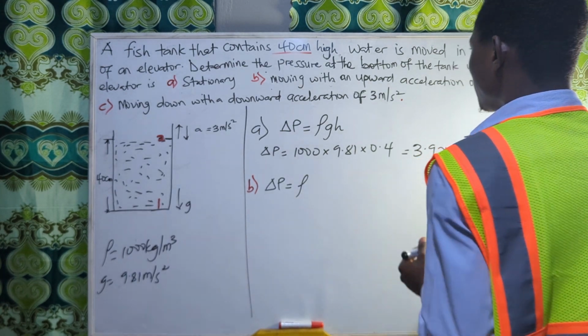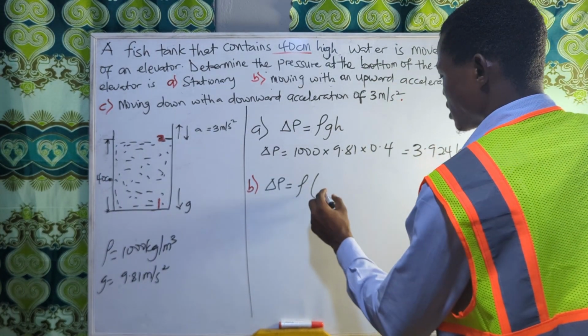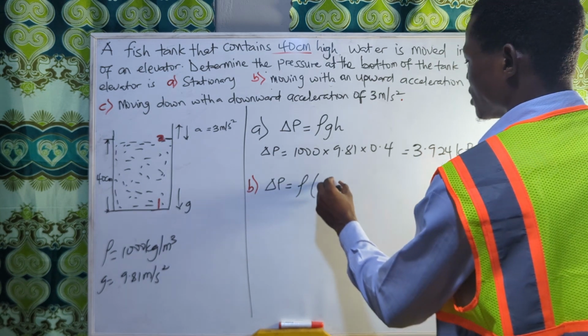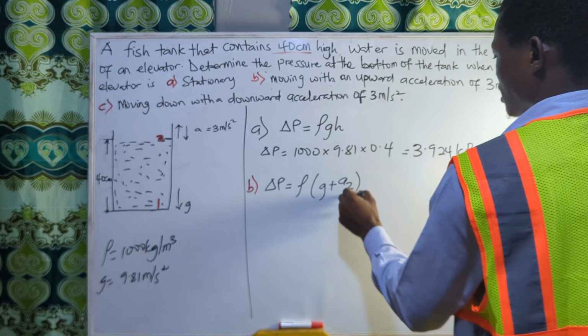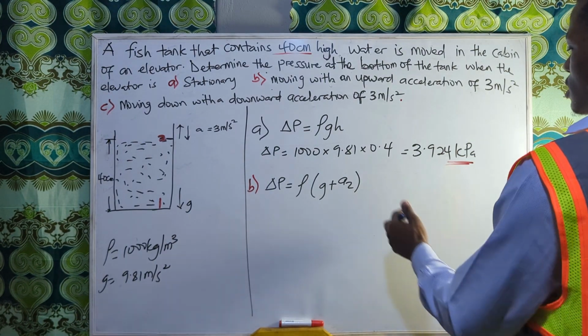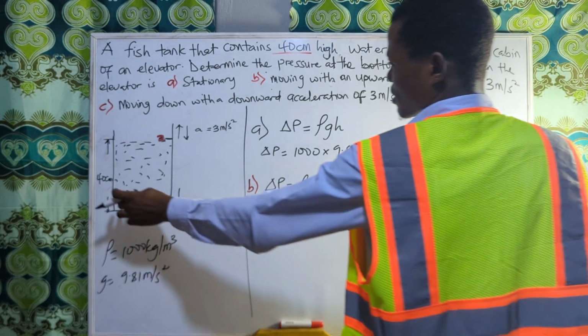But for the g, since they said an upward acceleration, it means we would have two accelerations here. Acceleration due to gravity plus the upward acceleration, let's name it a_z, times the height which we have here.